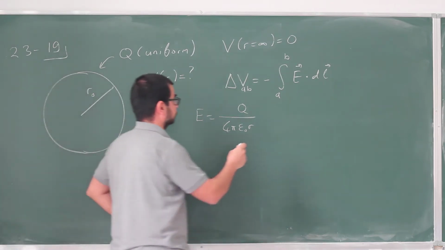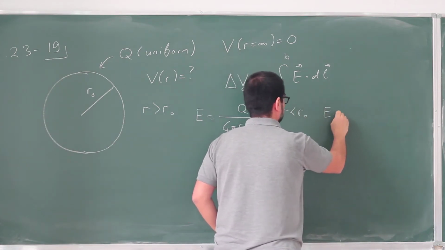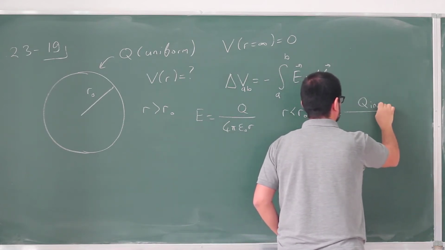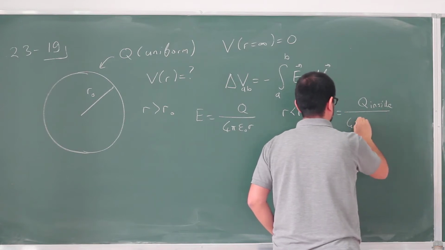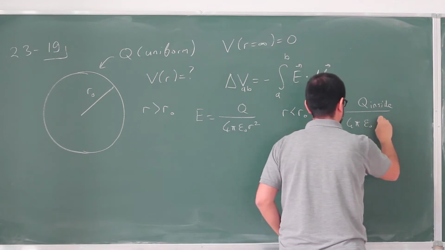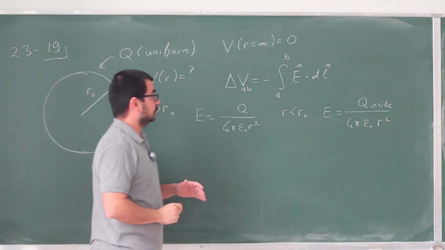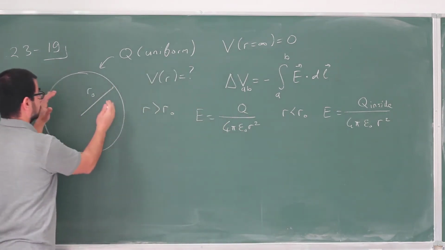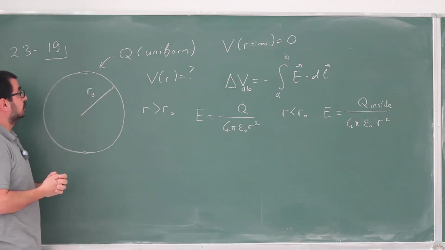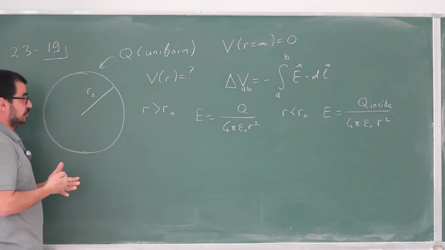Now for r less than r0, the electric field is going to be, let's say that q inside this point, over 4 pi epsilon naught r squared. Again, this q inside is now not going to be the total q, but a proportionate part of q. Right? In this case, we are given that this q is uniformly distributed, so it's just going to be proportional to the cube of the radius of the sphere that we are choosing. Right?